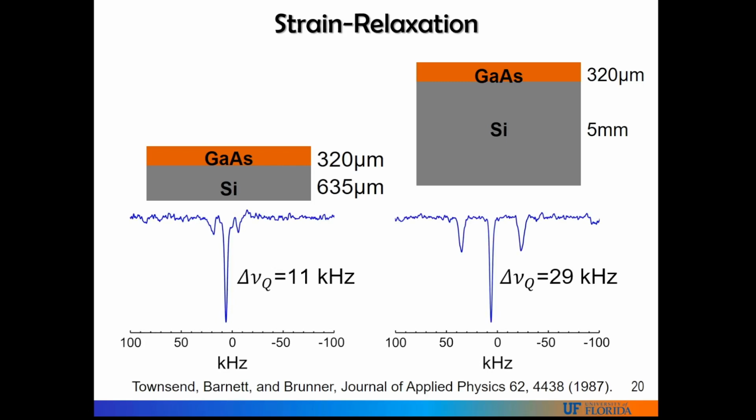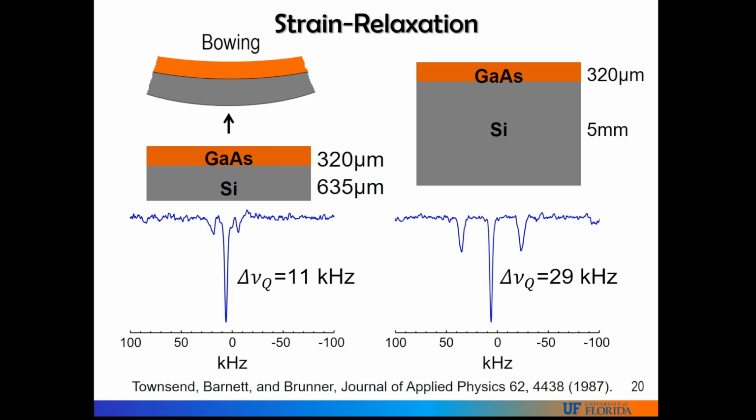So we tried to figure out what could be going on here. Any suggestions? It's some kind of strain relaxation here. Well, the hypothesis is that the sample bows, just like a bimetallic strip in an old thermostat, as we cool the sample.